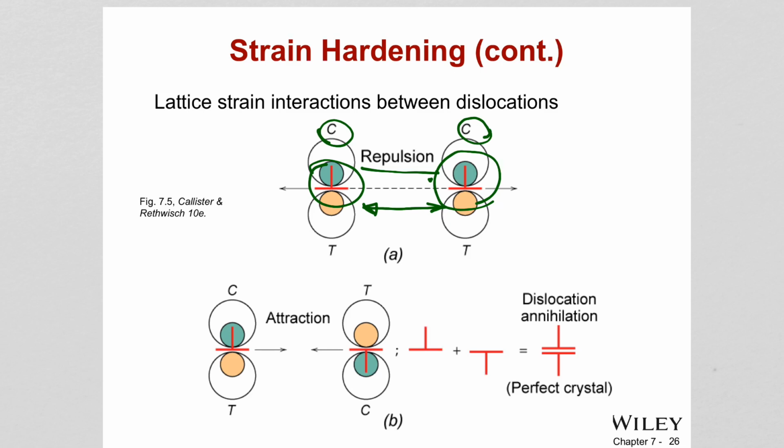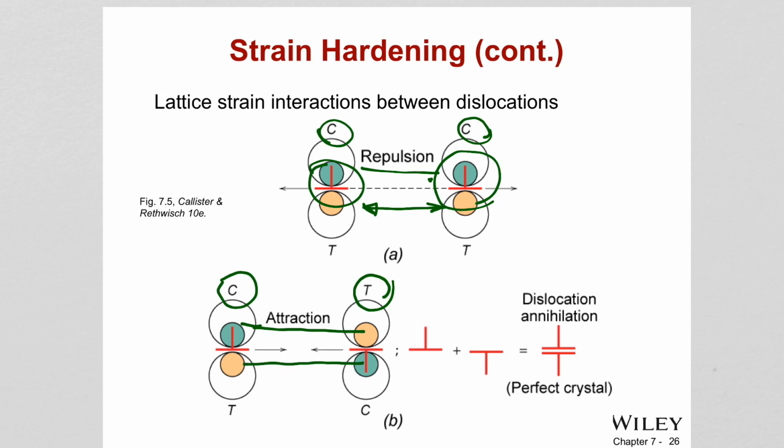But then what if positive and negative dislocations come together? Positive and negative edge dislocations come together, and the compression part of one will be attracted to the tension part of the other. When they come together, they will neutralize each other's effect.